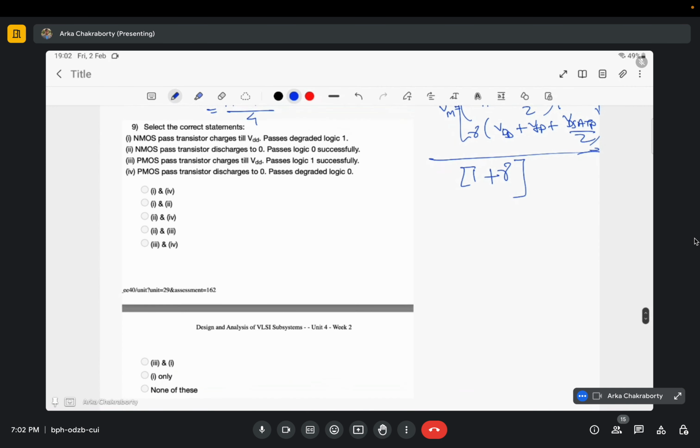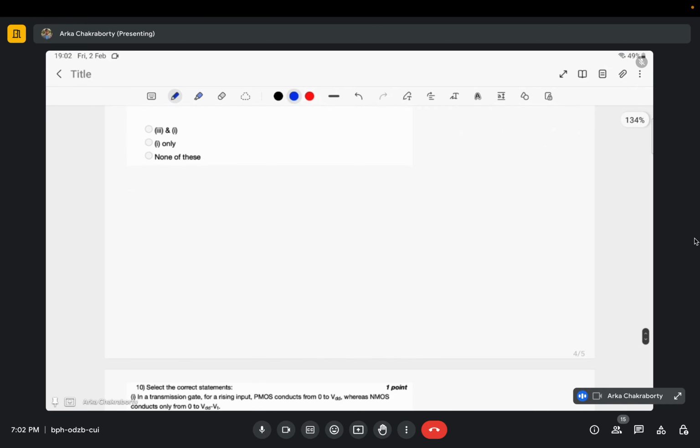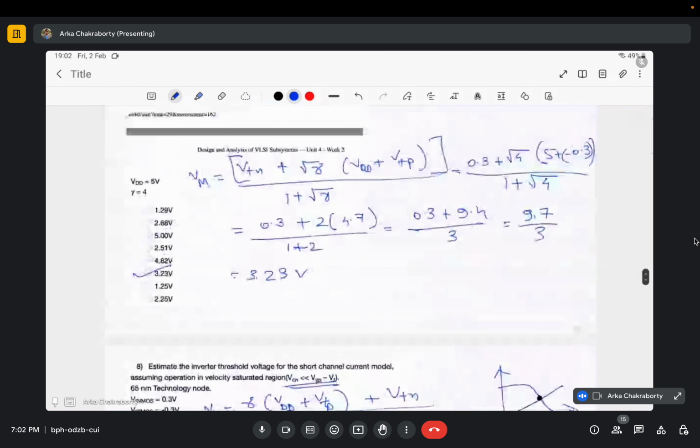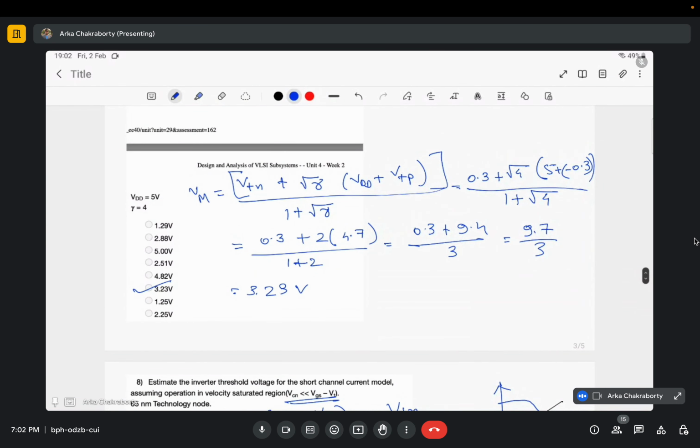Before going forward, let me give you another interesting idea to think upon. Here sir has written, if you remember, that my IDSN and IDSP become equal at this inverter trip point.